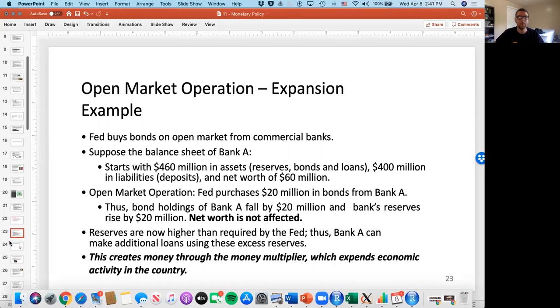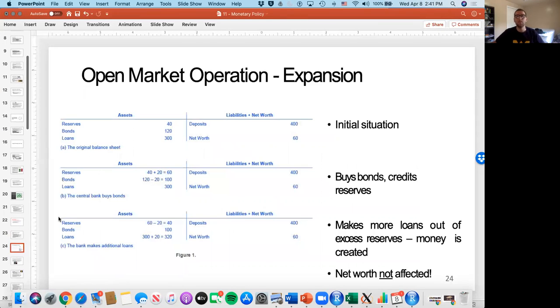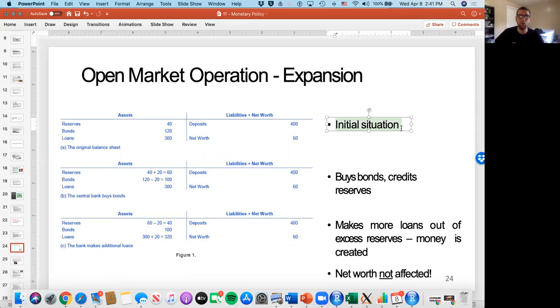So let's give an example. Let's assume that the Fed wants to do expansionary monetary policy. So right here, in the initial situation, we know the bank has 440 million in reserves, bonds of 120 million, and loans of 300 million. Deposits, it has 400 million in liabilities.